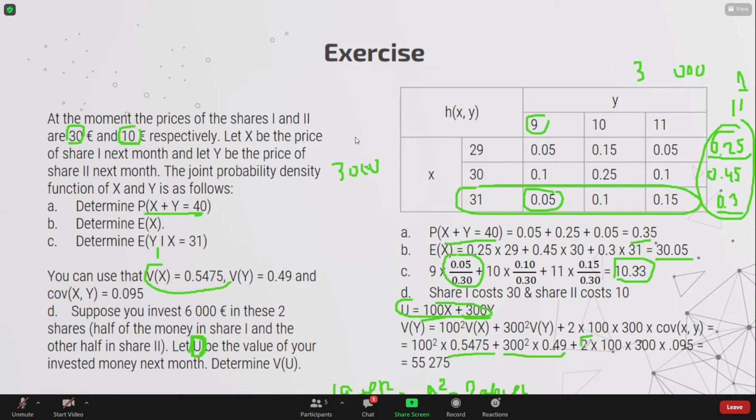And now we have to take 2 times 100 times 300 times the covariance, which we are also given in the table in the exercise. So we just sum up the square of the first part, the square of the second part, and then 2 times this whole number.